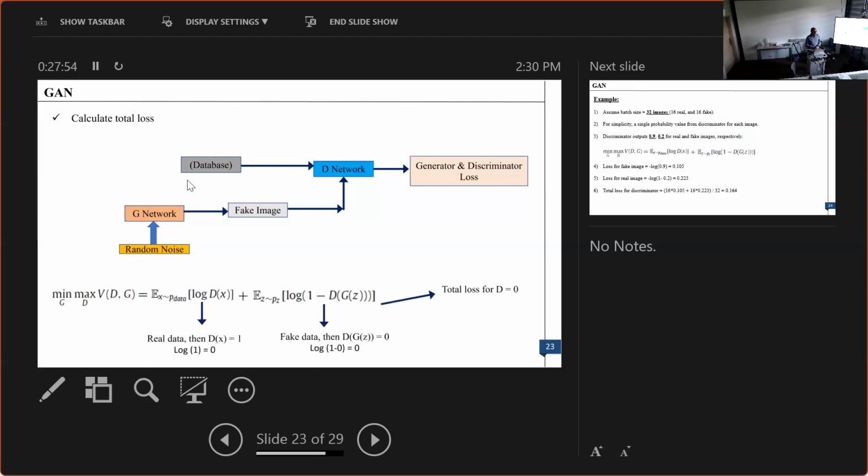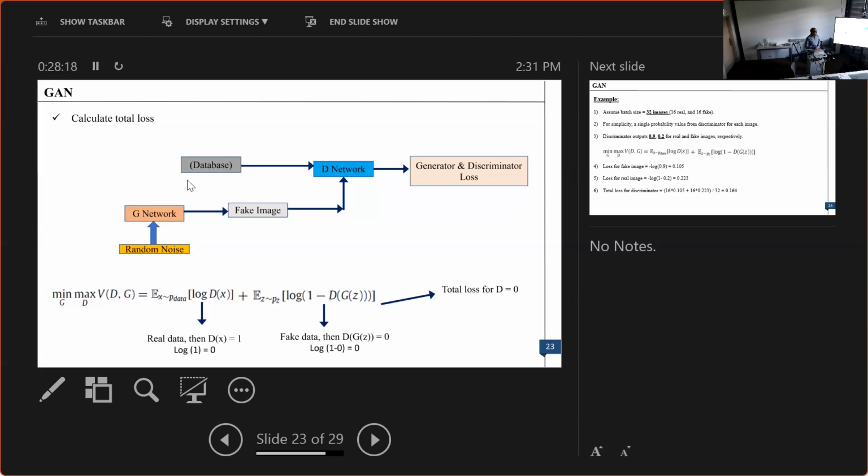So suppose now we have a real image. Here the probability to say this is real is 1. The log of 1 is 0, so the loss is 0. If we have fake data, the discriminator should be able to say this fake data is 0.